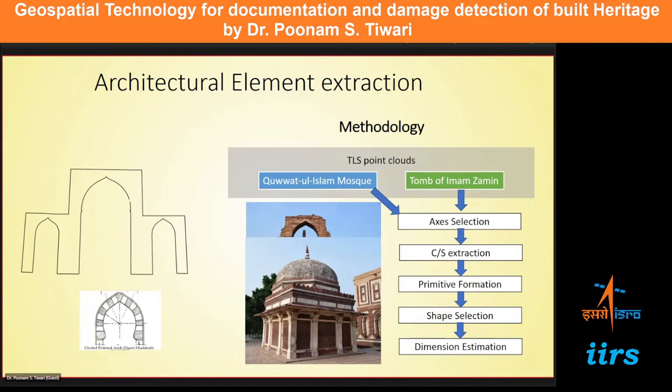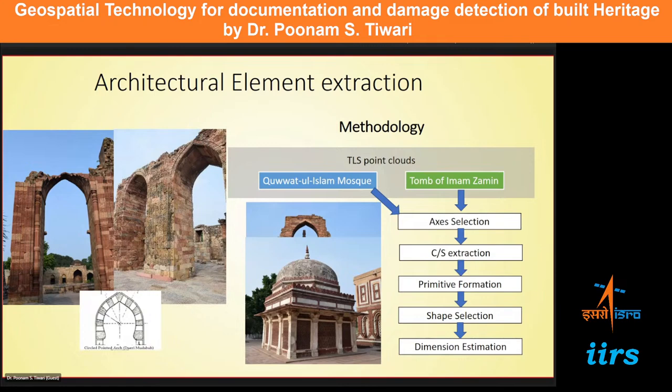We found out the dimensions from the literature, what should be the ratios for this particular type of arch, and we correlated with our own arches. You can see it is fitting exactly here.